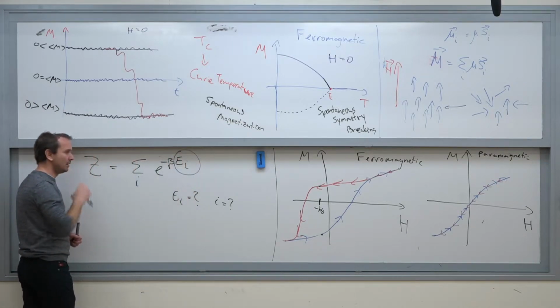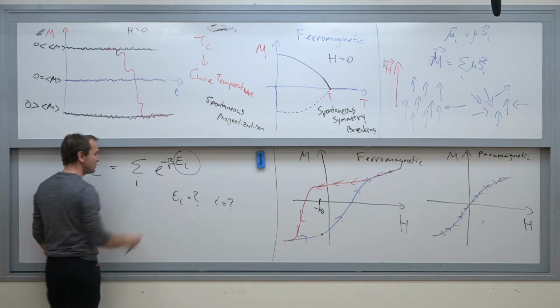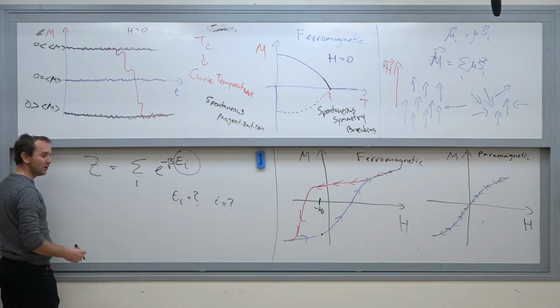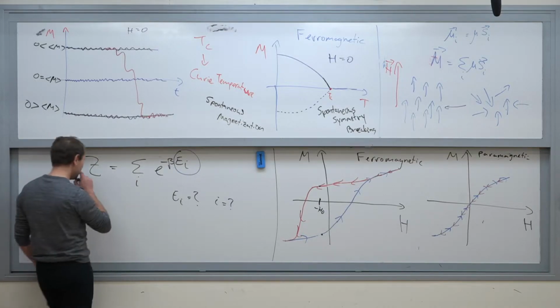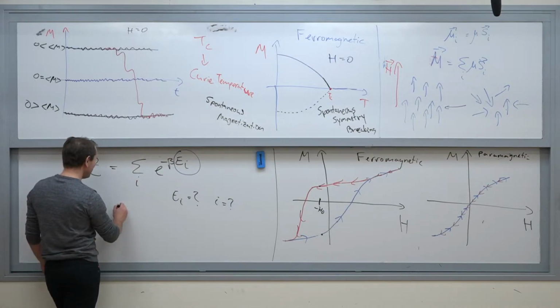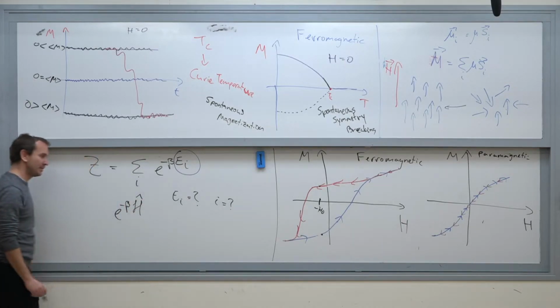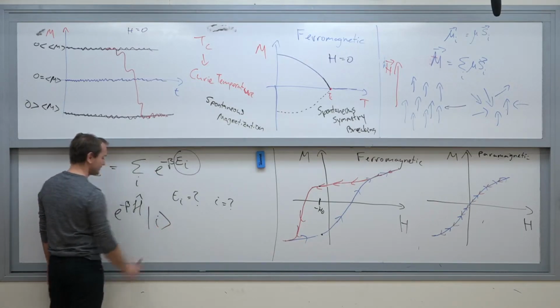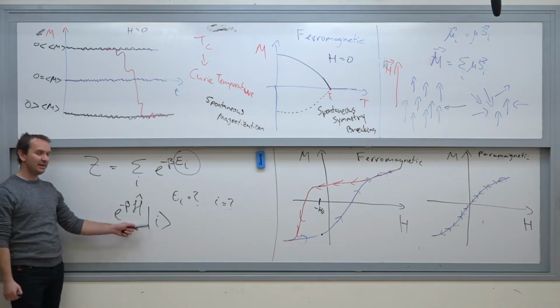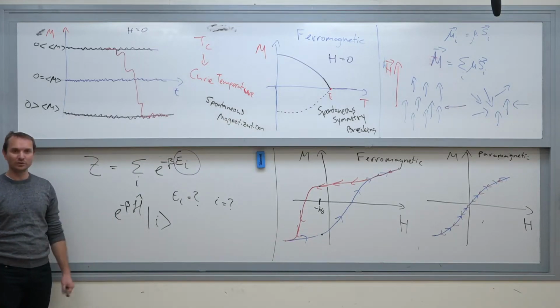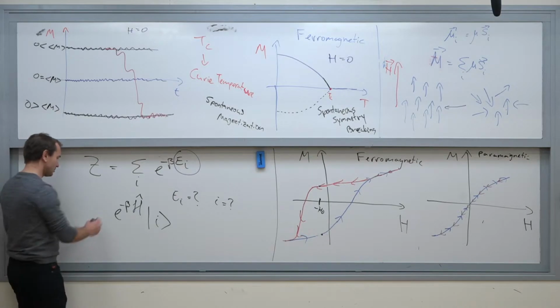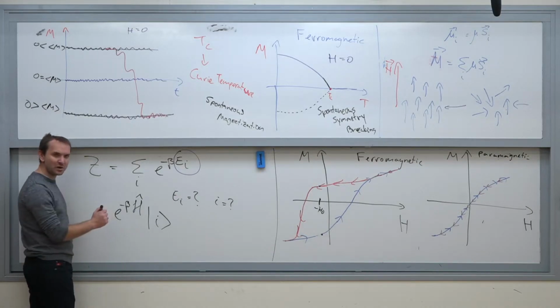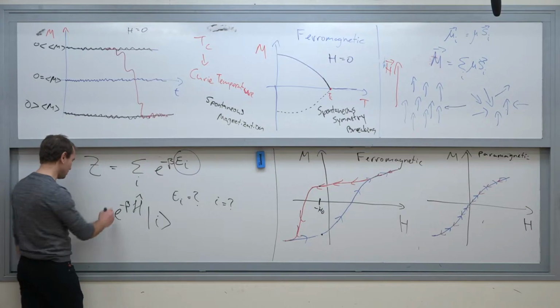Now, let's look at this value as an observable of a quantum operator, the quantum Hamiltonian. If we have e to the minus beta Hamiltonian acting on a state i, what is the state i? It is the eigenstate of the Hamiltonian. Have you learned bra-ket notation? Okay.